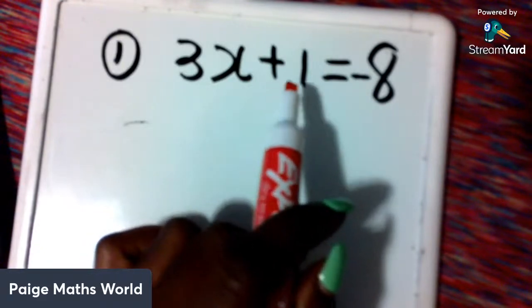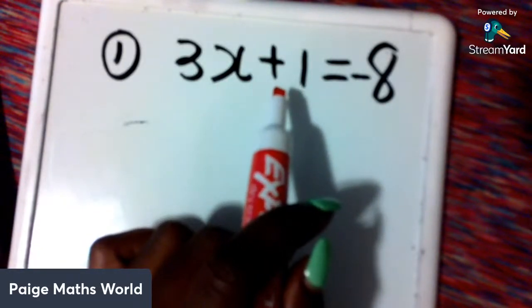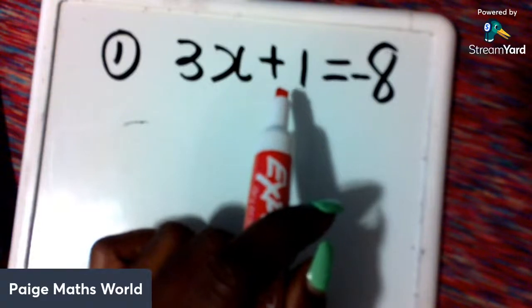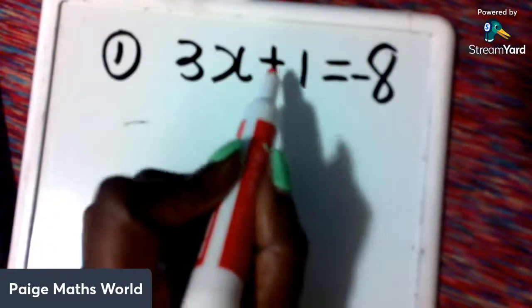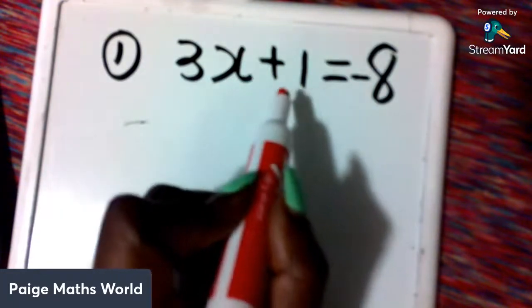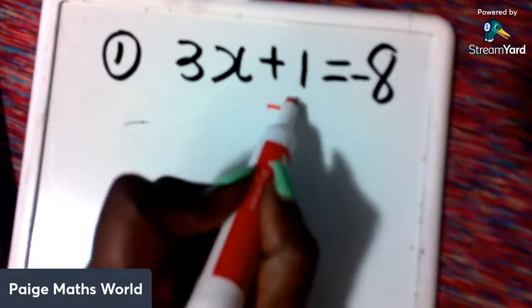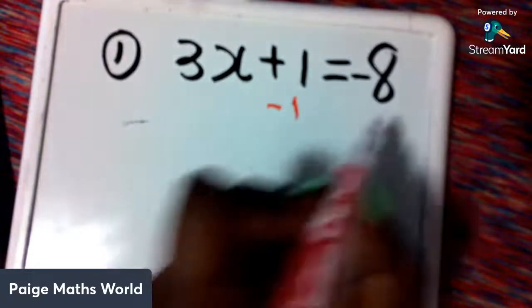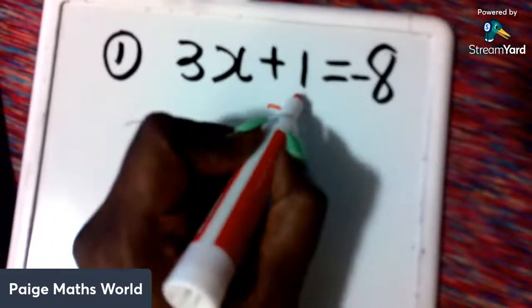In this case, we have a +1 attached, so we have to get rid of the +1, and we do the opposite to get rid of it. So this is +1. In order to get rid of a +1, we have to subtract 1, right? We have to take away 1.